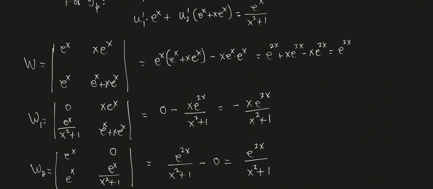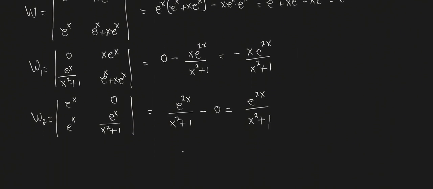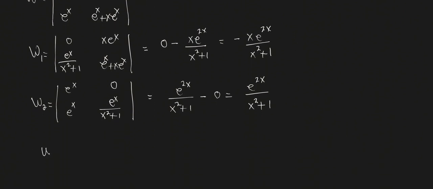All right, so now let's write down what the derivative of u1 is and what the derivative of u2 is, right? So u1 prime is going to be W1 divided by W. W1 is that negative x e to the 2x over x squared plus 1, and then this is also divided by, so when I'm dividing by W, which is our e to the 2x, I can put that in this denominator as well.